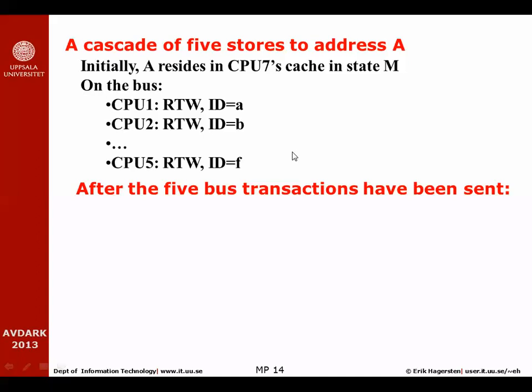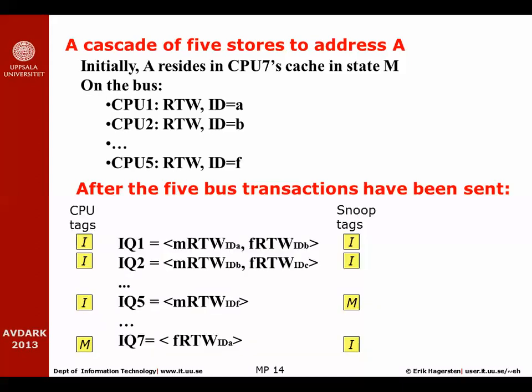After we've sent all these transactions on the bus, we will have a state of the system, depicting the Snoop tags as well as CPU tags, that looks like this. Starting at CPU 7 here, CPU 7, which was where the data originally resided, its CPU tags will be modified.